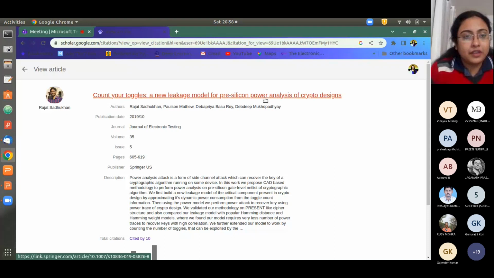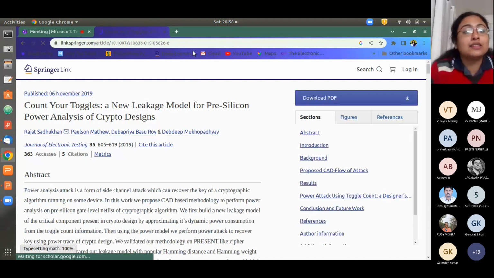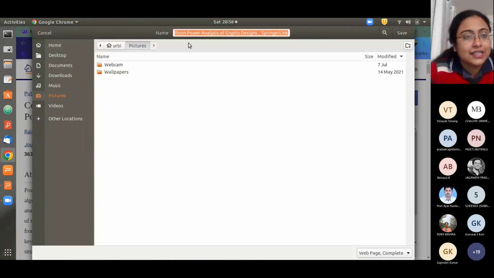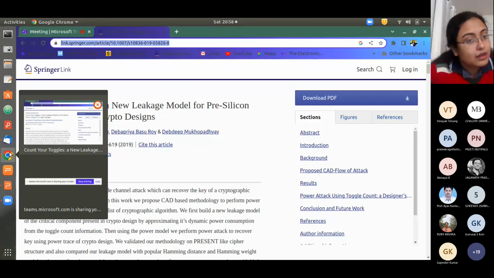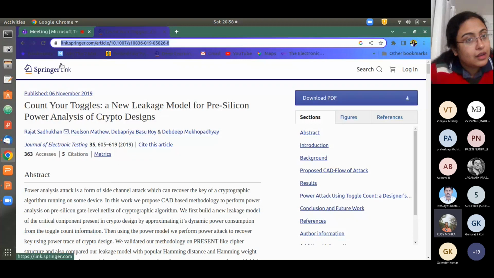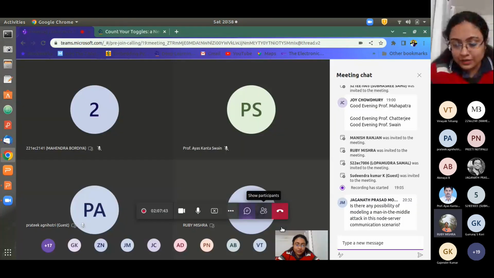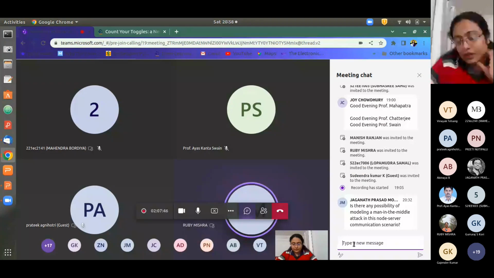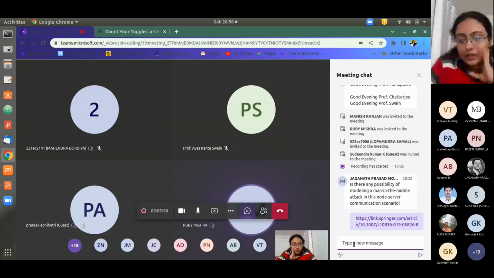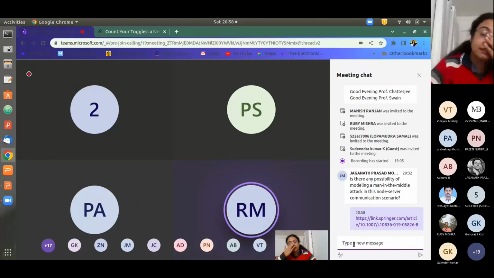I'm just giving you the link of it. It's pre-silicon power side channel analysis, and because it is pre-silicon, you really do not need the FPGA boards. You can do this for simulating. This is what I am telling you.